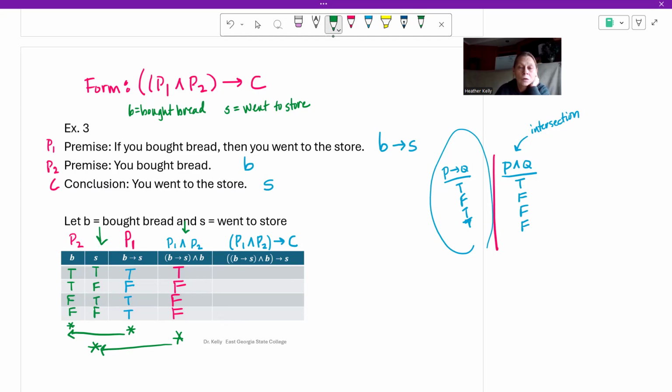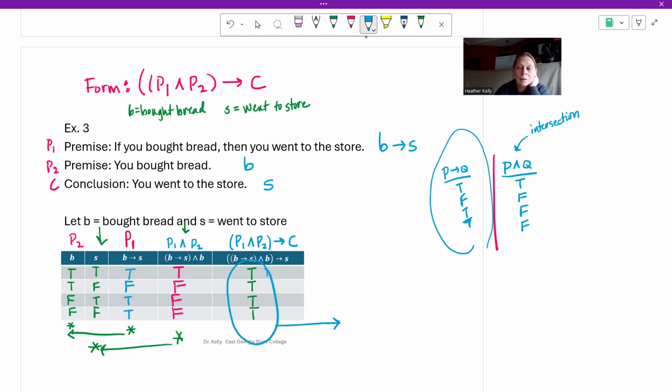So true and true is true. False and false is true. False and true is true. False and false is true. Yay. Now we finish this up because we got all trues here.